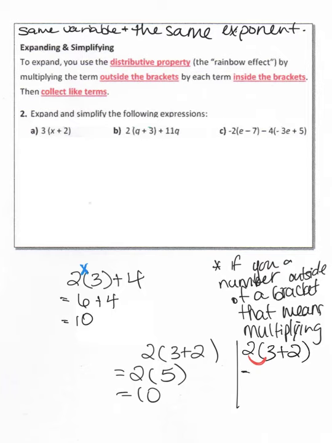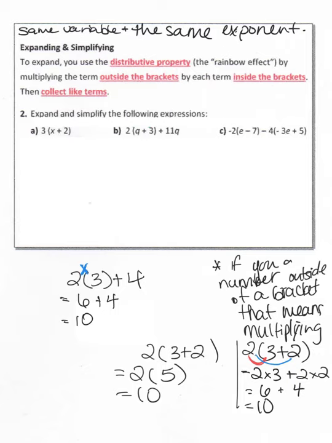So I'm going to do 2 times 3 first, plus, and then now I'm going to do 2 times 2. 2 times 3 is 6, plus 2 times 2 is 4, 6 plus 4, that's still 10.